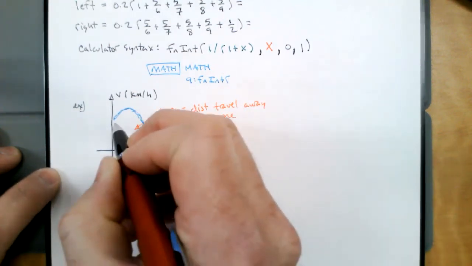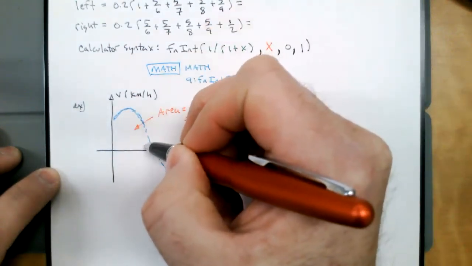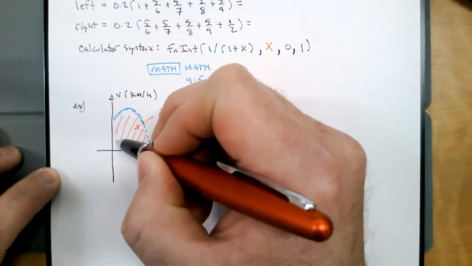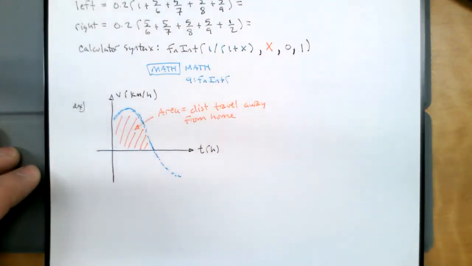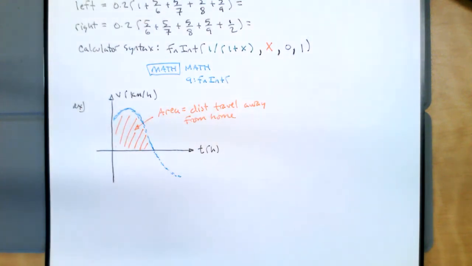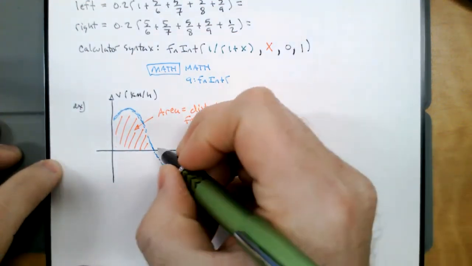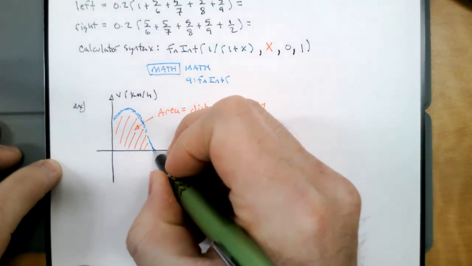So this area up here is going to be the distance traveled as we were driving away from home. When the velocity reaches 0, we are neither traveling away from home nor towards home. So you can think of this as where we're turning around. Here's where the kids finally got to the parents, and the parents said, all right, that's it.